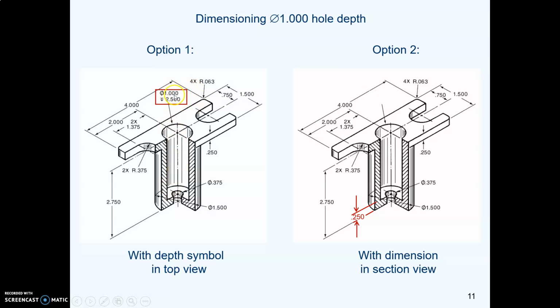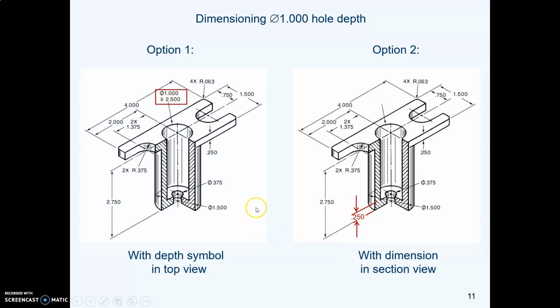What our book shows is that hole has an inside diameter of 1 and it has a depth of 2.5, while the overall depth of the part under that flat bar thingy is 2 3/4.